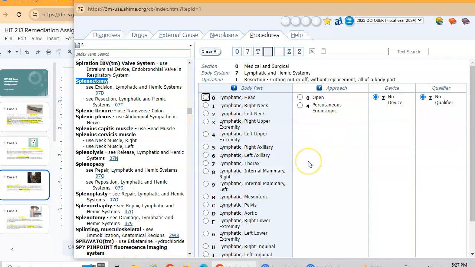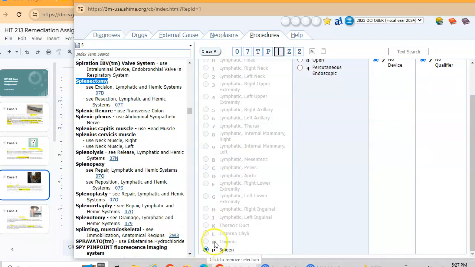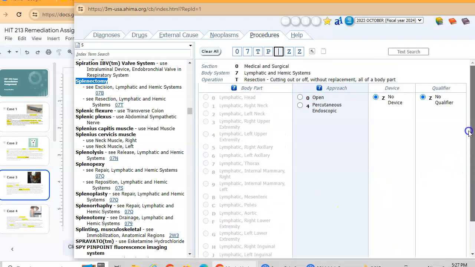And if we look over here, we know that it was of the spleen. So we're going to choose the P, and we know that it was open because there was an incision. So that gives us our code of 07TP0ZZ.